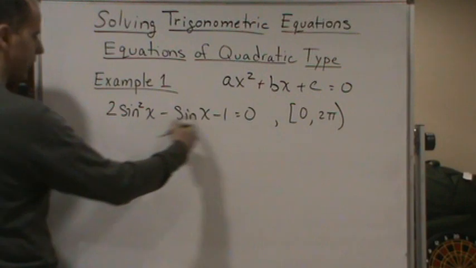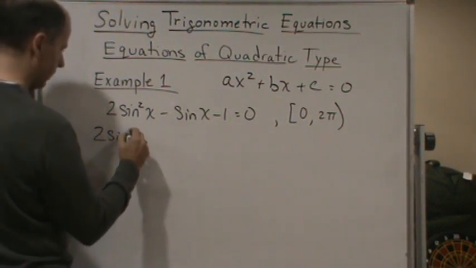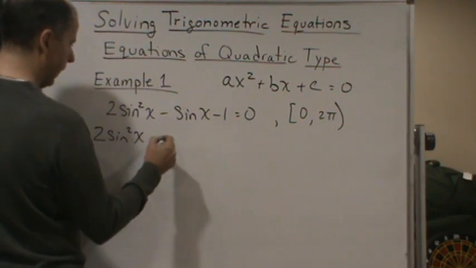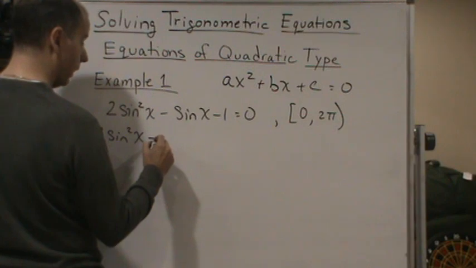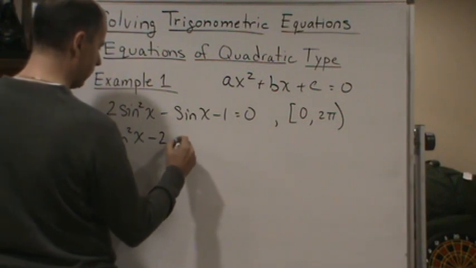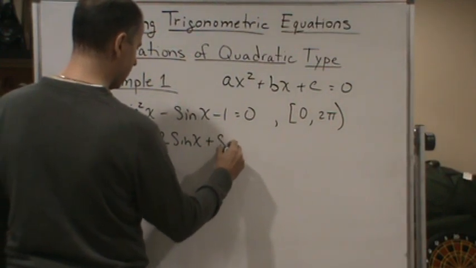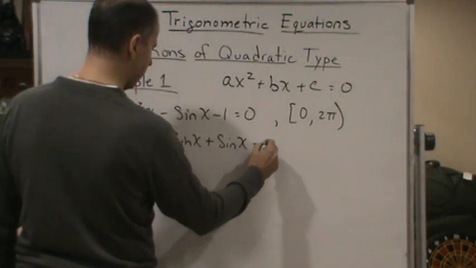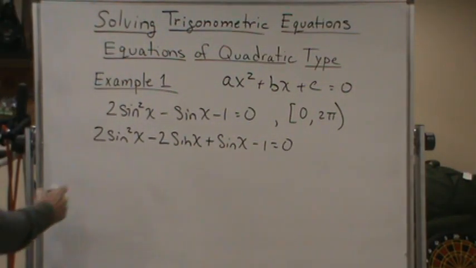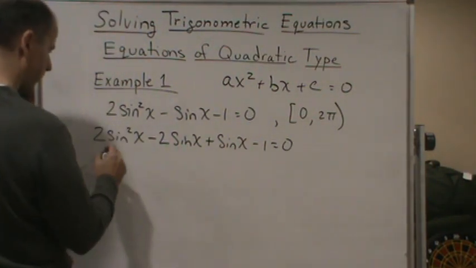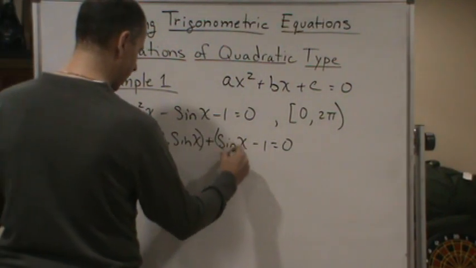So we want to decompose the middle term, so we're going to say 2 sine squared x minus 2 sine x plus sine x minus 1 equals 0. Now we're going to factor by grouping. That means we're going to group these two and these two.